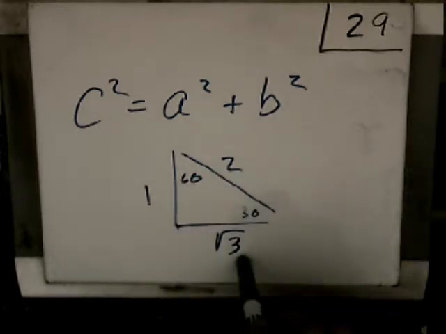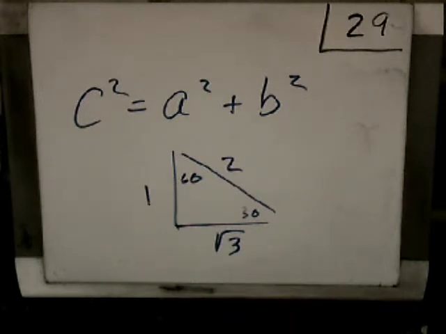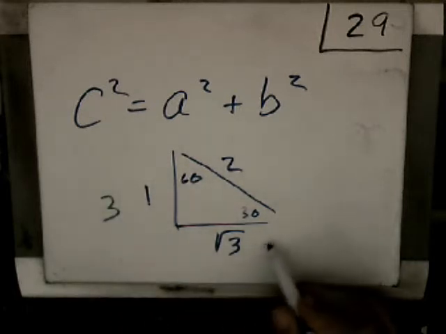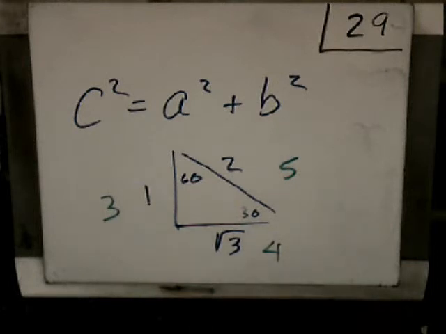If I square this, I get 3. 3 and 1 is 4, and 2 squared would equal 4, so it suits my formula. So 3, 4, 5, or 1, 2, square root of 3. Those are the most common triangles they throw at you in terms of these kinds of problems.